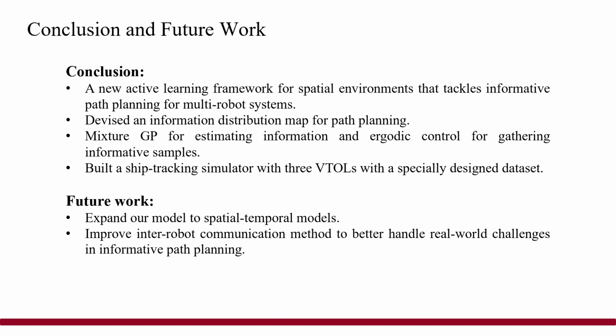Moreover, we built a ship tracking simulator with 3 VTOLs, which will help us to prove our approach in the future on our specially designed ship dataset. Looking ahead, we could expand our algorithm to spatial-temporal models and improve the inter-robot communication method to better handle the real-world challenges in informative path planning.